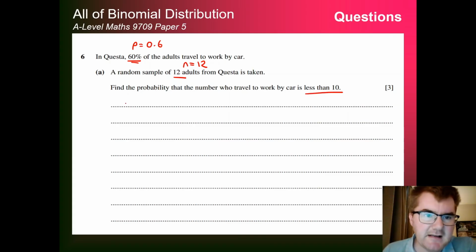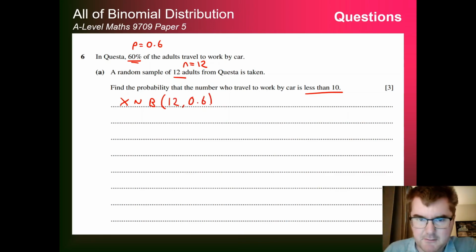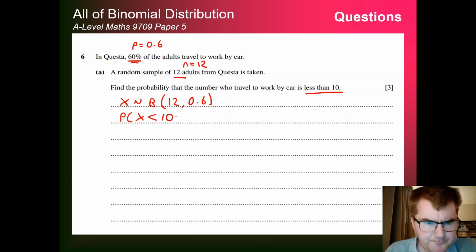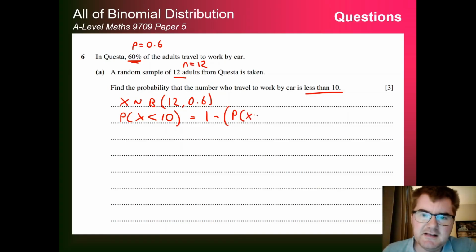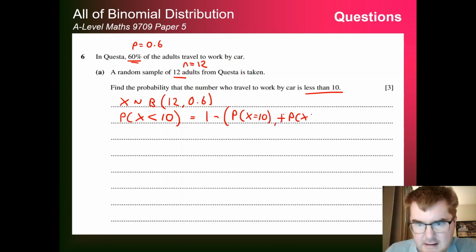Okay, so again, X is binomially distributed, sample size of 12, and probability of 0.6, and we want to work out X is less than 10. So this is one we do need to flip around, so we have 1 minus the probability. We want less than 10, so we need X is 10, plus X is 11, plus X is 12.